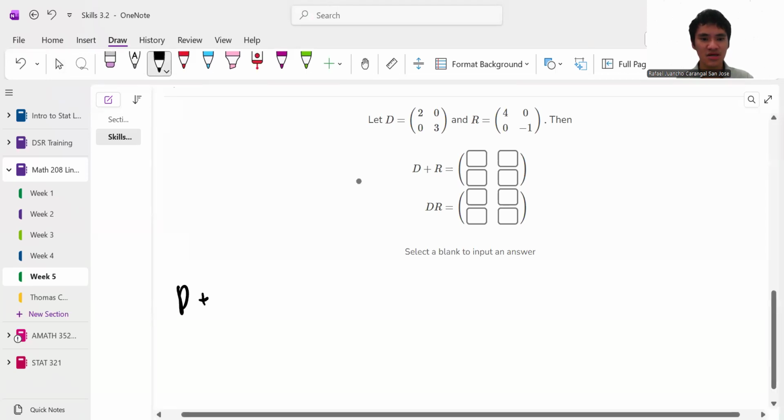So to do d plus r, you just go through the matrix and add the corresponding entries together.